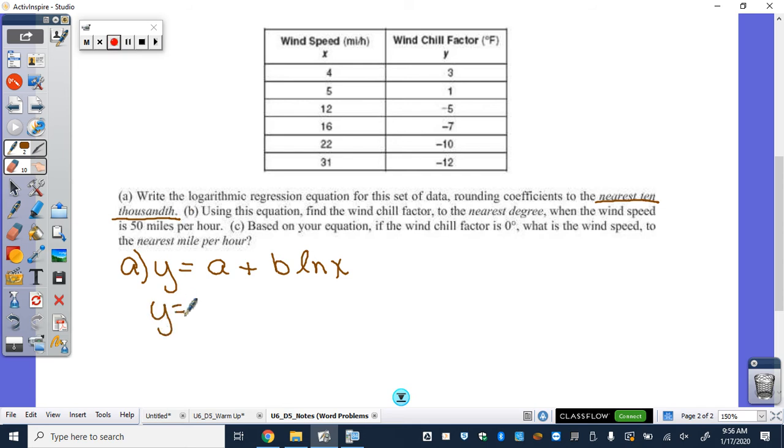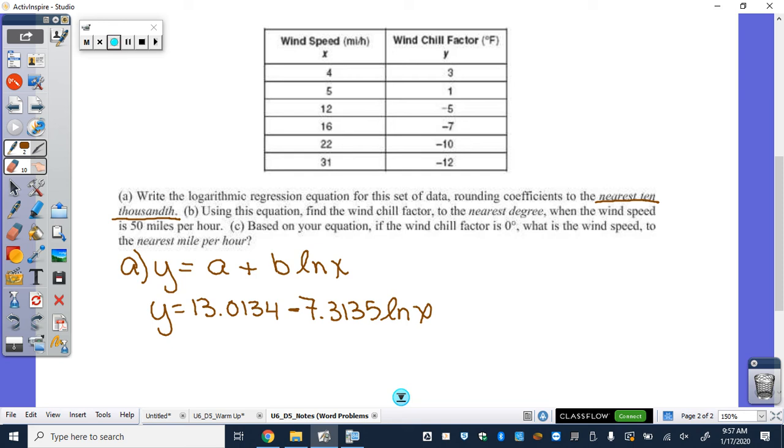So our a ends up being 13.0134. Sorry, I got dyslexic for a second there. And then our b value to the nearest 10,000th, it was a negative. So that's going to make it subtraction. 7.3135 ln of x. So that is our logarithmic regression.